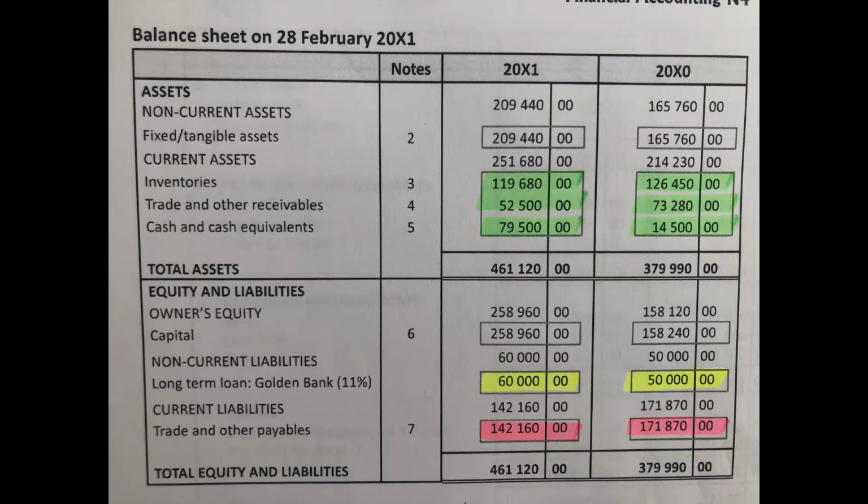We get that in the balance sheet, and it would be under non-current liabilities. Okay, there was a long-term loan from Golden Bank, and if I look at that amount, I can see there at the beginning of the year it was 50,000, and now it's 60,000. So the loan increased with 10,000.